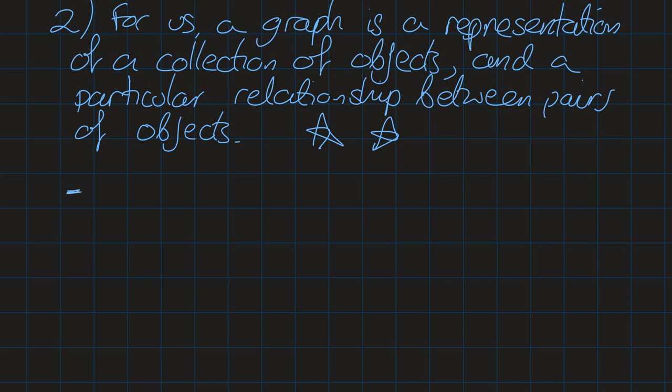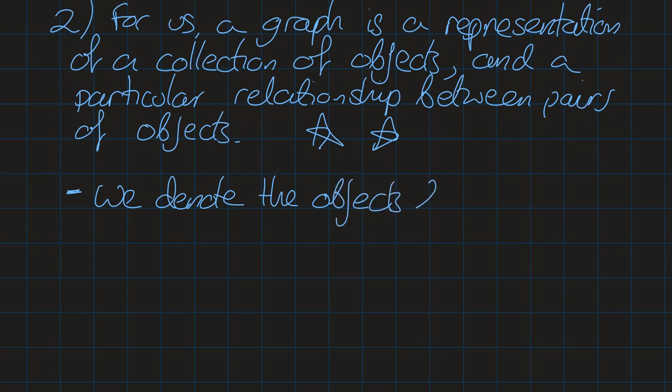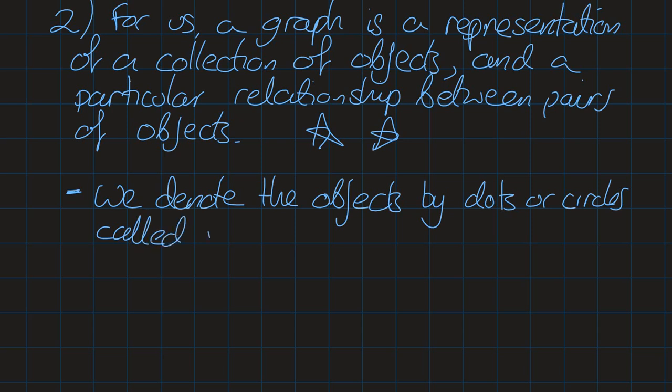So we often denote the objects by small circles or dots called vertices. We denote the objects by dots or circles. And we call them vertices of the graph.